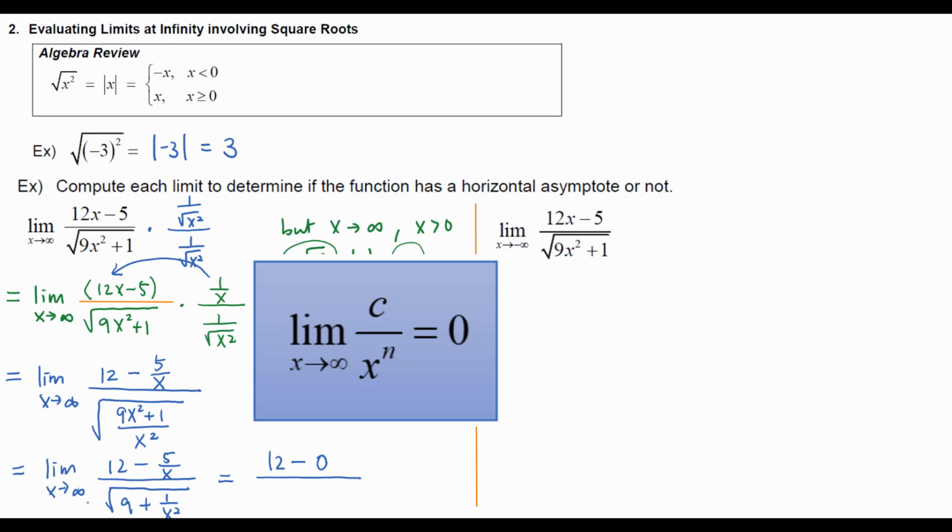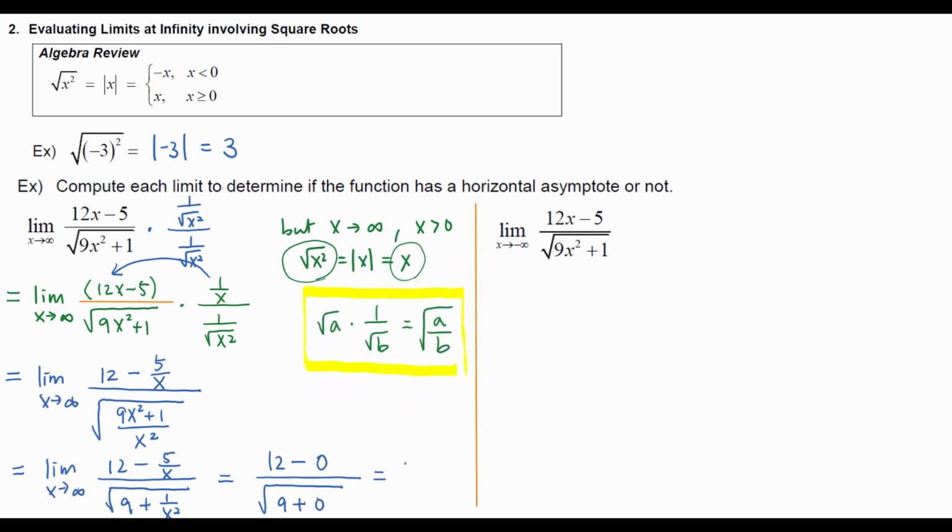And as x approaches infinity, the square root of 9 plus 1 over x squared will go to the square root of 9 plus 0, so it is equal to 12 over the square root of 9, which is 3. So it is 4. So we do get a horizontal asymptote here, and it is y equals 4.